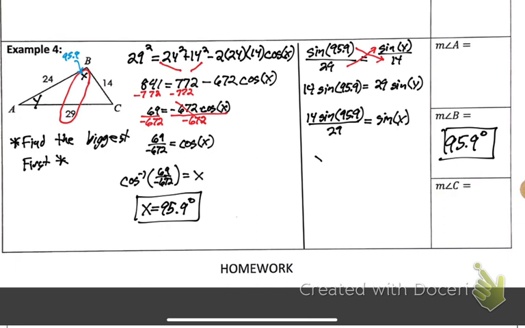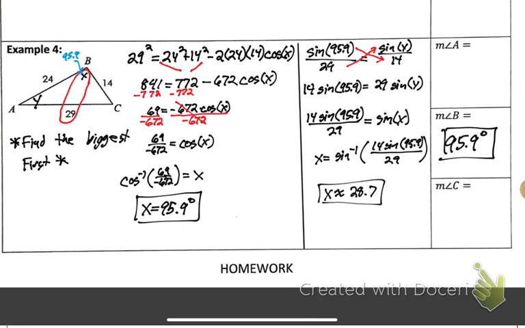So I should have y equals sine inverse of 14 sine of 95.9 divided by 29. I think several of us are ahead of me. What did we get out for that one? Did anyone get that already, Matt? 28.7. Can anyone second 28.7? We're good with 28.7?